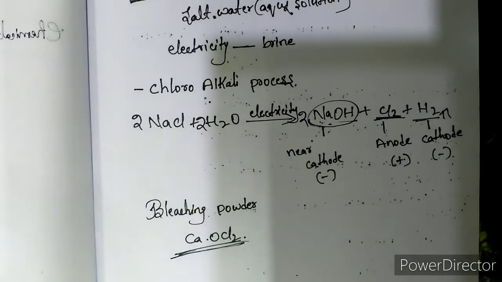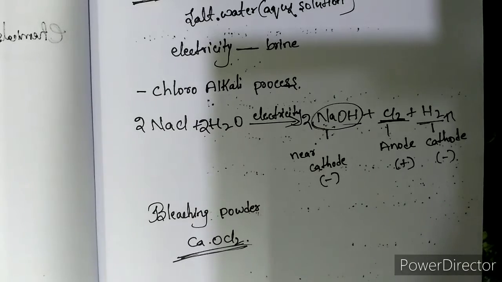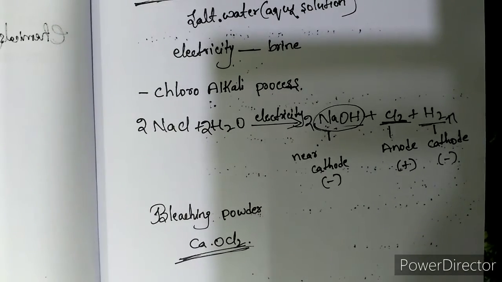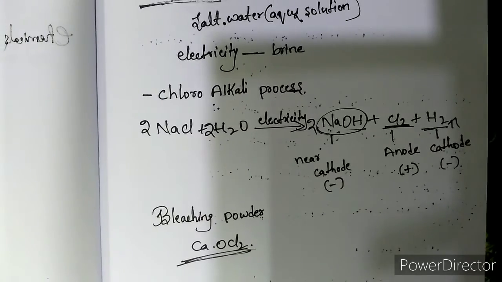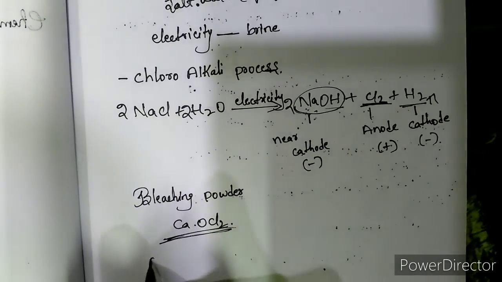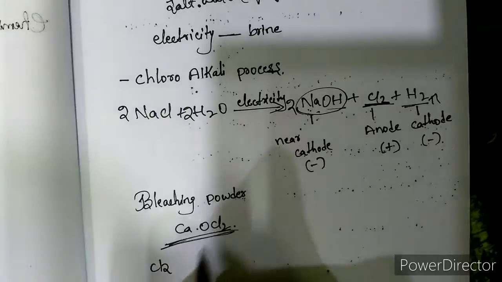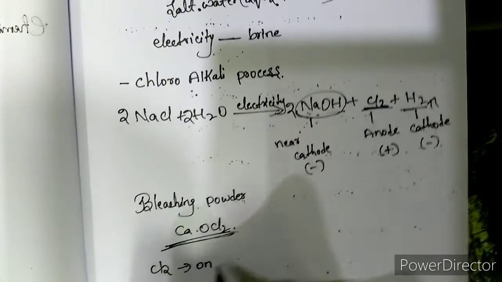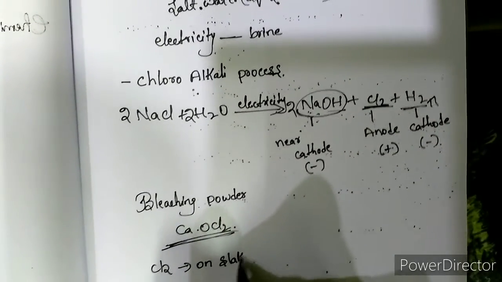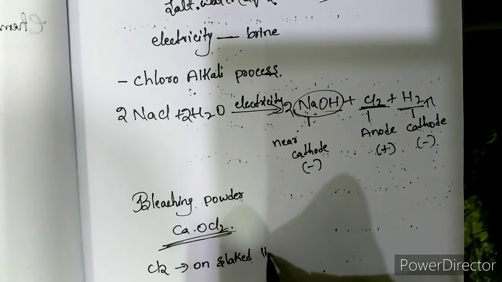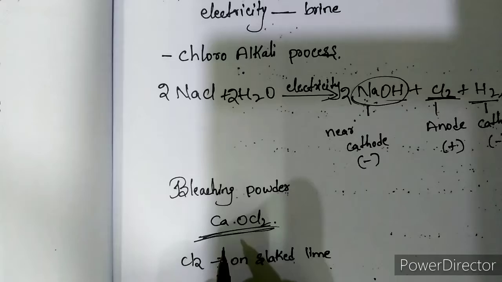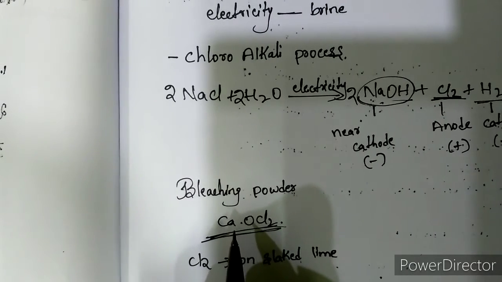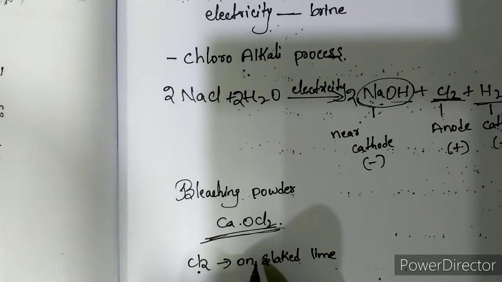Bleaching powder is produced by the action of chlorine on dry slaked lime. This bleaching powder is formed by the action of chlorine on dry slaked lime.